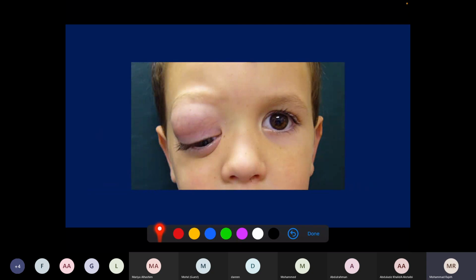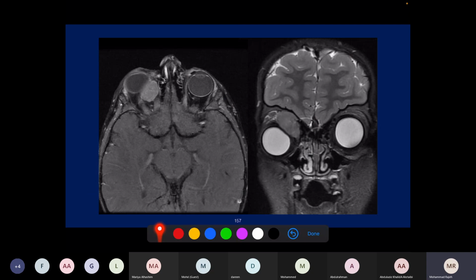So this patient, 6 years old, and with the rapidly progressive swelling and proptosis, and you can see from the scenario, most likely this is rhabdomyosarcoma. And you see the difference here, how it's pushing the globe. It's not like lymphoma, where it's molding. So epithelial tumors of the lacrimal gland, soft tissue tumors, they tend to cause angulation to the globe.